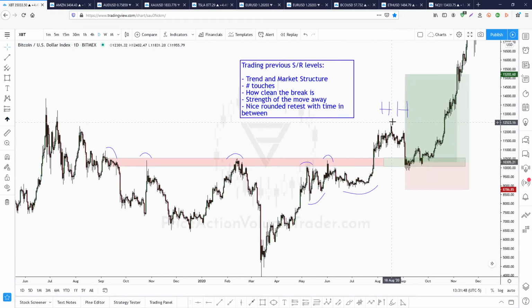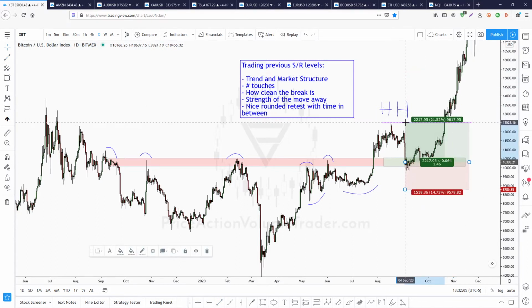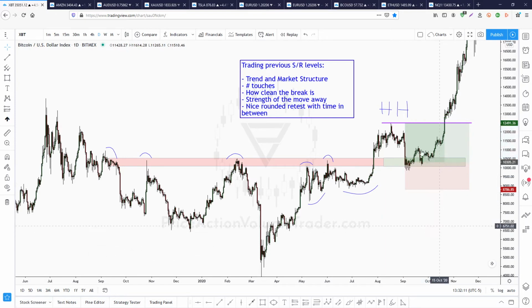can target previous highs. In this case, if we're going to make a higher low, then we expect a higher high. So we definitely think that these prior highs right here are going to be broken. So at the very least, this is our first target. Now, as you can see, the risk reward on this trade is not very big if we only target this previous high.